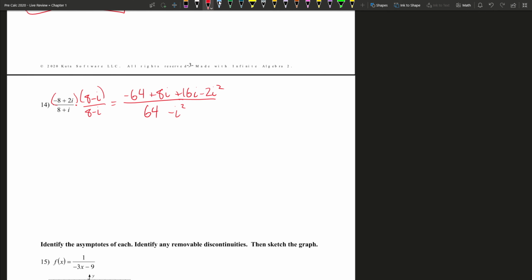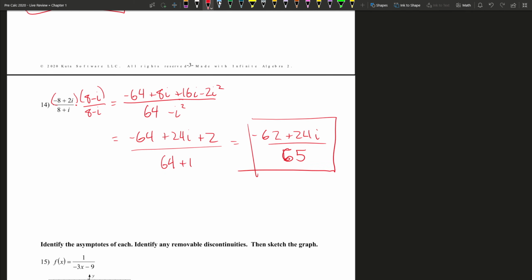Then we've got some simplifying to do, so we have negative 64 plus 24i plus 2, all over 64 plus 1. And we get negative 62 plus 24i, all over 65.